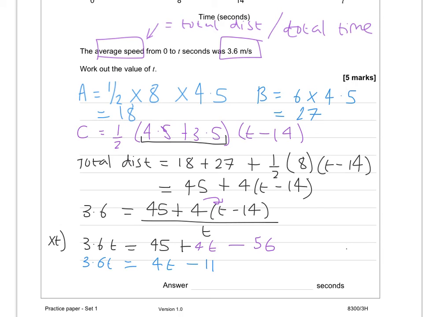So adding 11 to both sides and subtracting 3.6t will give us 11 equals 0.4t. So t equals 11 divided by 0.4, which is equal to 27.5 seconds.